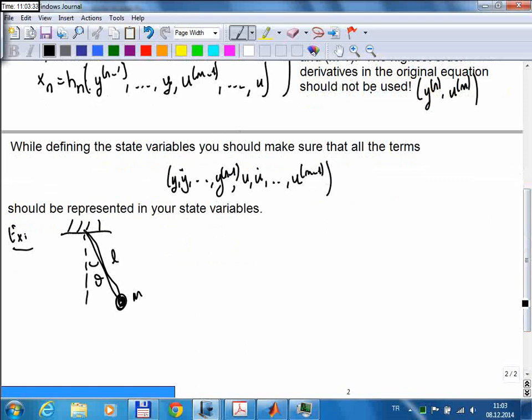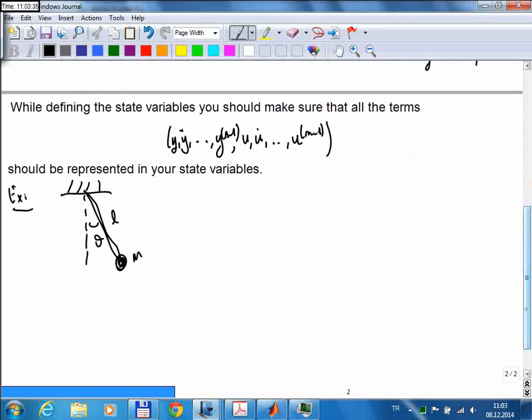Okay, so let's take a look at an example. So let's remember the pendulum example. So the equation we have for this was the following, if you remember. So I times theta double dot minus m times g times L over 2 times sine of theta is equal to the Tc, where Tc was the external torque applied.